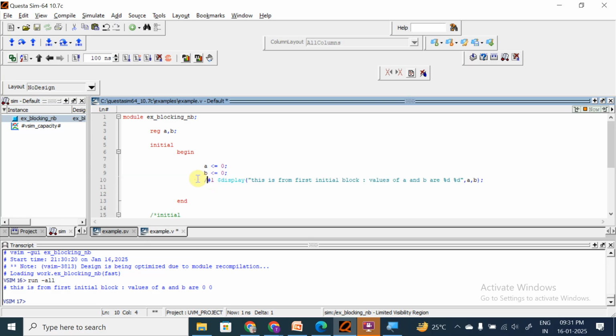So instead of this $display, let's say if I use $monitor, I'll use it here only.